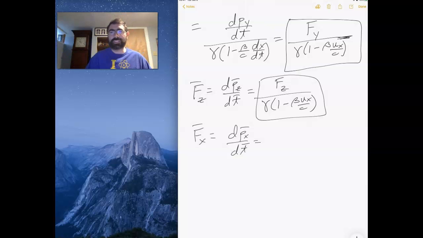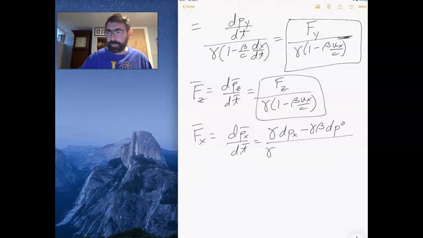Don't forget the bar on the time. And that would give me now gamma dpx minus gamma beta dp0, the time component of the momentum, over gamma dt minus gamma beta over c dx.